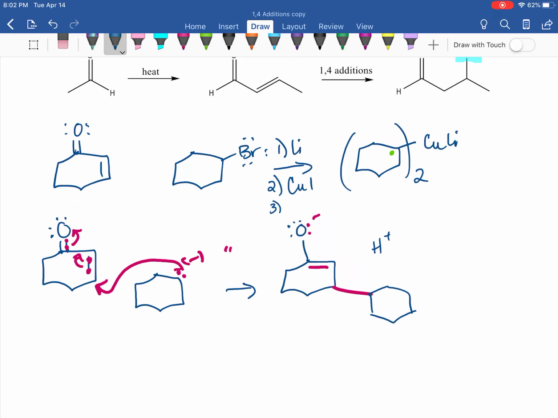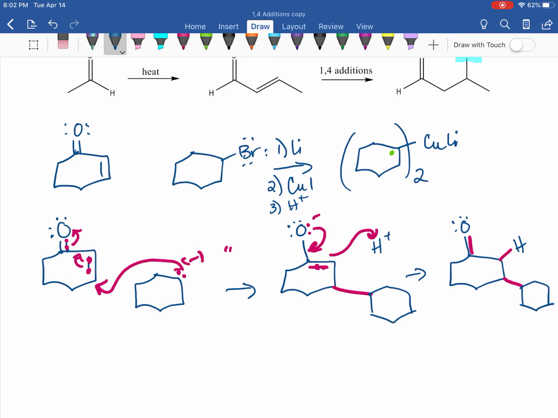And then now we've got any kind of acid quench in there as number 3, so let's quench our enolate. And let's see what our product is. Okay, like that. We quenched there and we added our Gilman there.